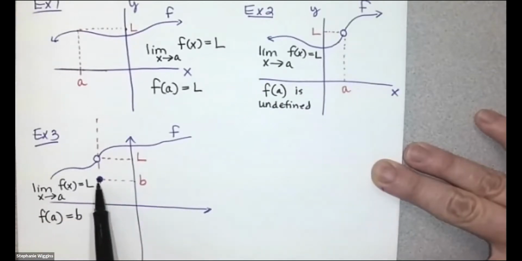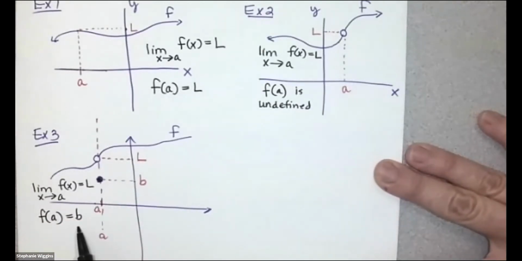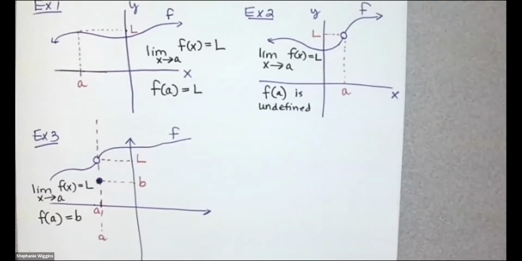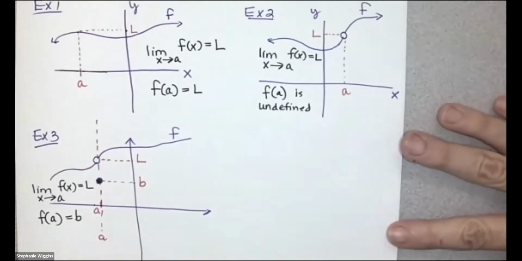So the limit values are different than the function value, okay? The limit values are close to L, whereas the function value is equal to b. So that's a third situation that you might run into.